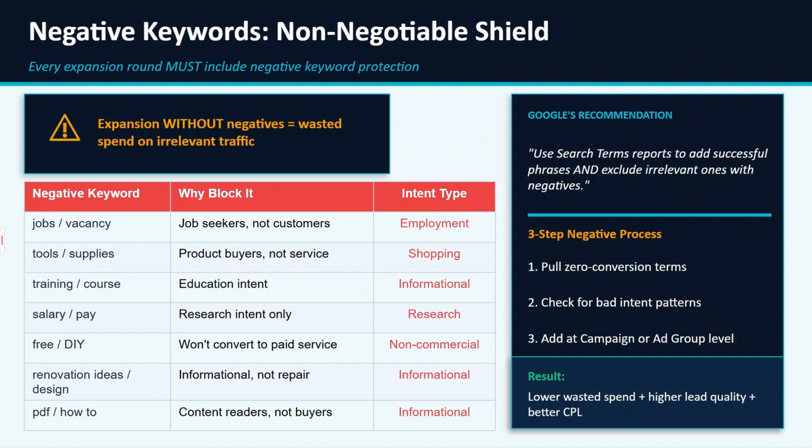When you do this consistently, your wasted spend goes down, your lead quality goes up, and your cost per lead, I mean CPL, improves almost automatically. Delivery tip: use a firm, serious tone here. This section should feel like a warning. Viewers who skip negatives are wasting money, so they need to feel that.